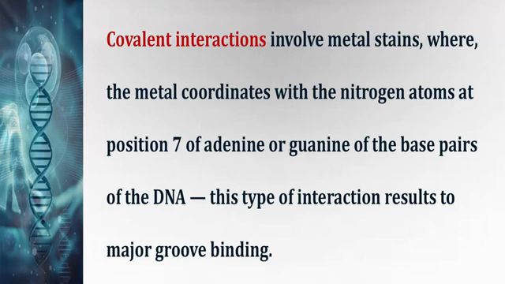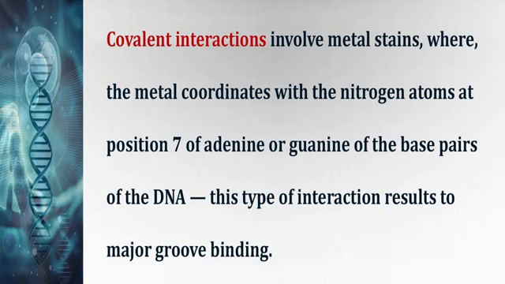This depends on the type of interaction the stain has with the DNA, which can be either covalent or non-covalent. Covalent interactions involve metal stains where the metal coordinates with the nitrogen atoms at position 7 of adenine or guanine of the bases of the DNA.